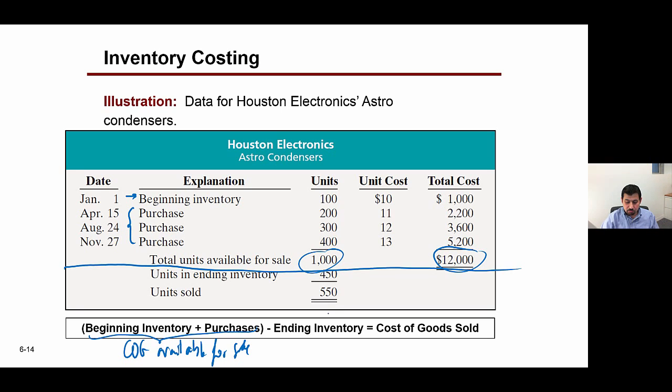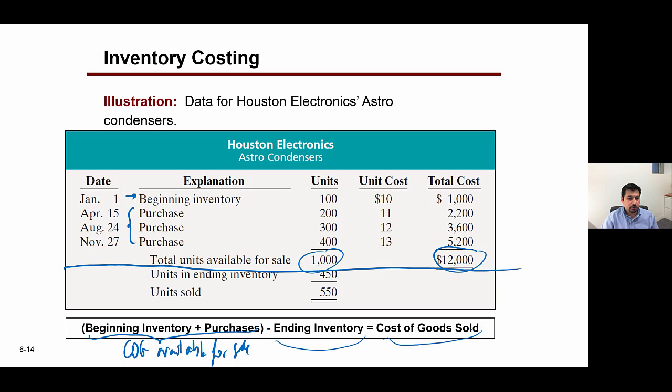At the end, you have minus ending inventory, which will give you the cost of goods sold. Basically what we're saying here is that the inventory that we had at the beginning of the year, plus whatever we purchased, we ended up with 1,000 units. These 1,000 units, we will sell part of them, that would be the cost of goods sold, and we will end up with 400.